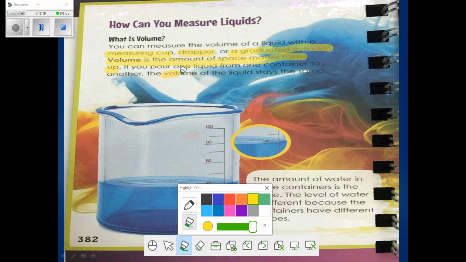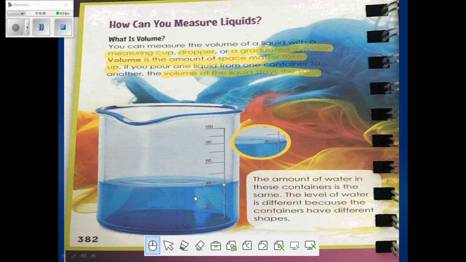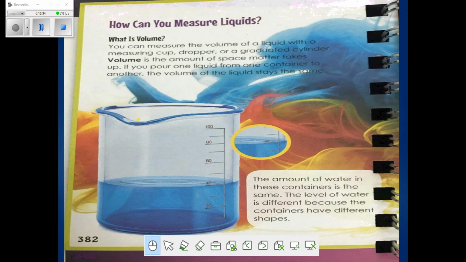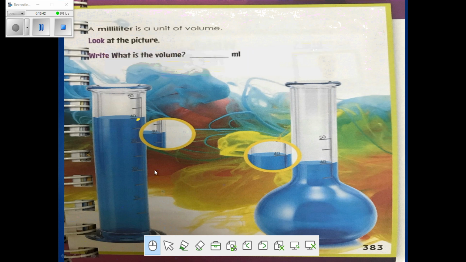The volume of the water or the liquid stays the same, but we have different shapes. The water takes the shape of the new container. Look, it takes the shape of the measuring cup. Here it takes the shape of the graduated cylinder, and here it takes the shape of the graduated cylinder with the other shape.